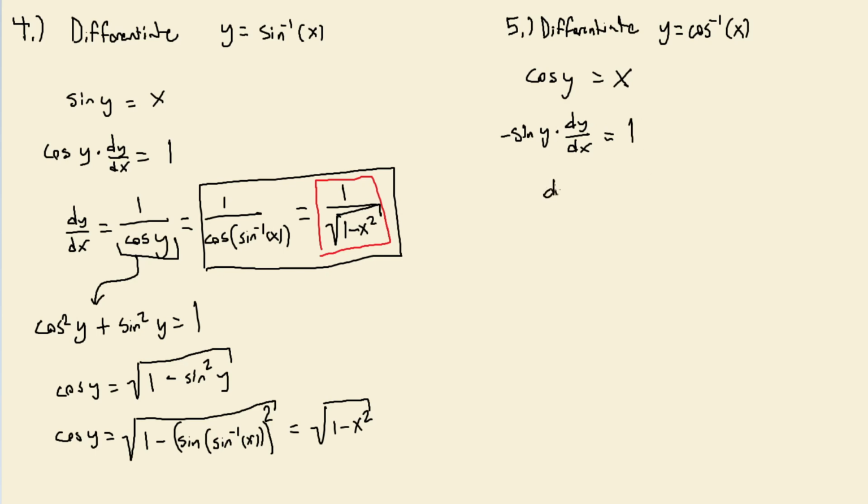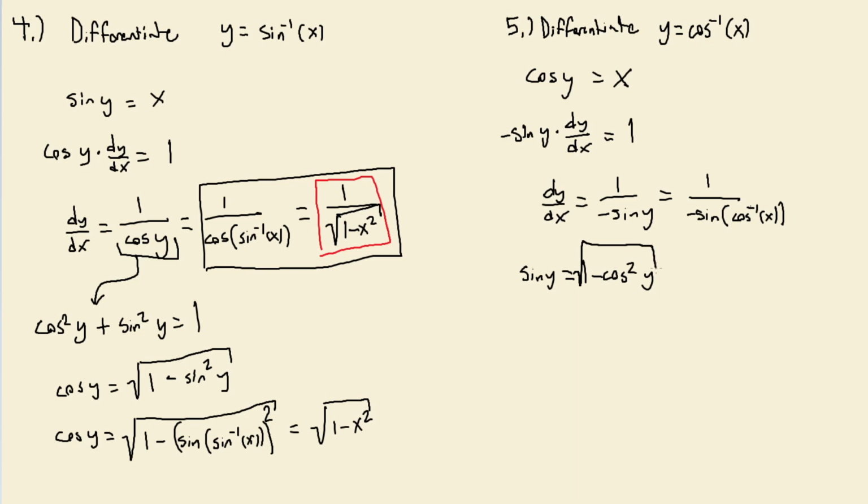We have that dy dx is equal to 1 over negative sine of y, and so this is equal to 1 over negative sine of the inverse cosine of x. But similarly, another way to write this is we could use our same Pythagorean theorem in order to solve for sine of y, and that's going to be equal to the square root of 1 minus cosine squared of y.